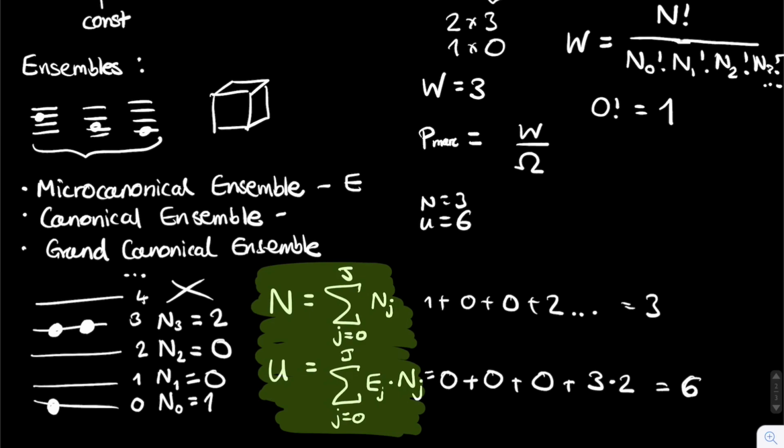Any 0 terms in the denominator right here will just go to 1. So how do we work this out? In this case N is 3, so we're going to have 3 factorial on the top. There is 1 particle in the 0 state, so we're going to have 1 factorial there. Nothing in the 1 state, nothing in the 2 state, but we're going to have 2 particles in the 3 state, so therefore it's 2 factorial as well.